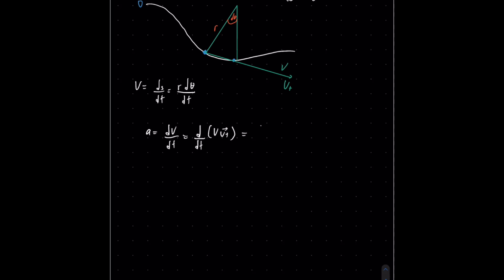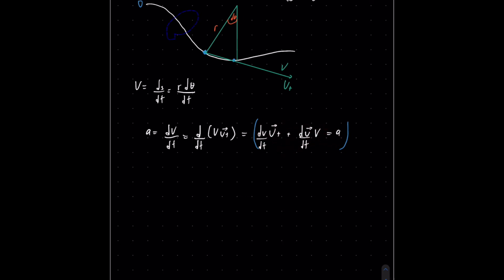So dv dt, the derivative of the velocity, and the unit vector comes along for the ride, plus the derivative of the unit vector, and the velocity comes along for the ride. That is equal to the acceleration. I just did math here, but how does this actually look?